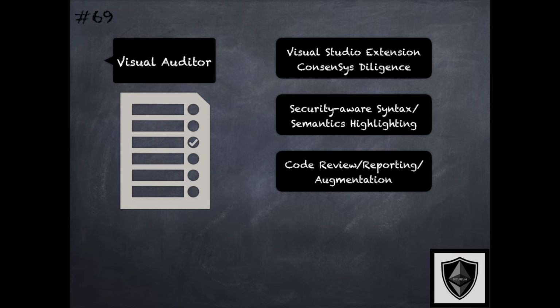It has support for review-specific features such as audit annotations and bookmarks, exploring dependencies, inheritance, function signature hashes. It supports graph and reporting features such as interactive call graphs with call flow highlighting, UML diagrams, and access to Surya features, which we'll talk about in the next slide.